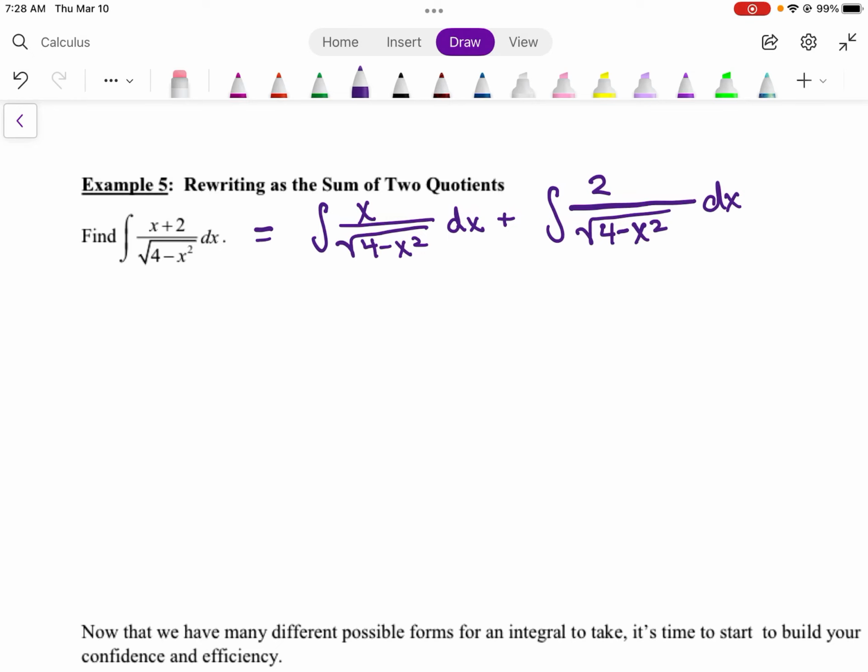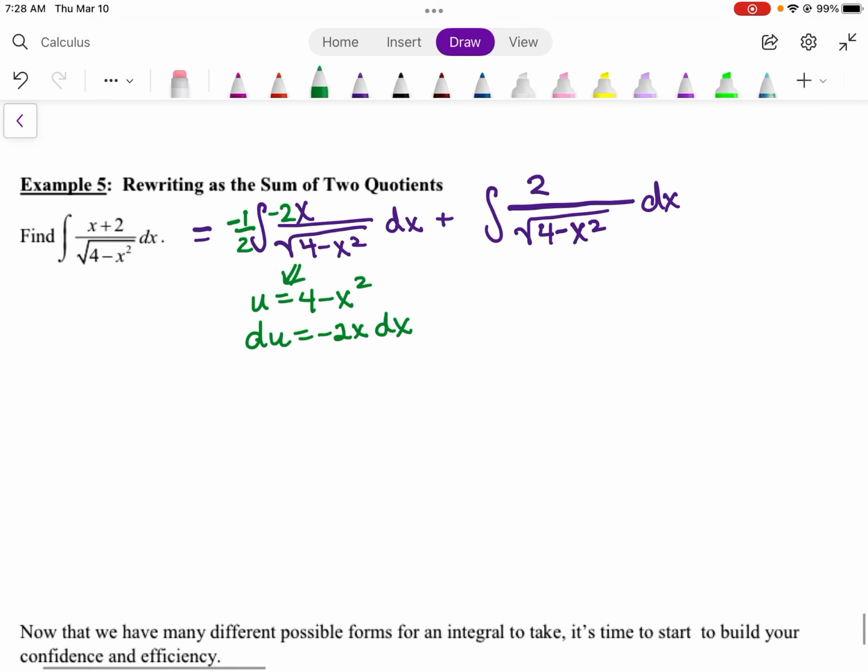So knowing that I see the x on top for this one, that leans me towards u substitution, because I see that derivative has an x in it. And that means I need a -2 here and a -1/2 on the outside.